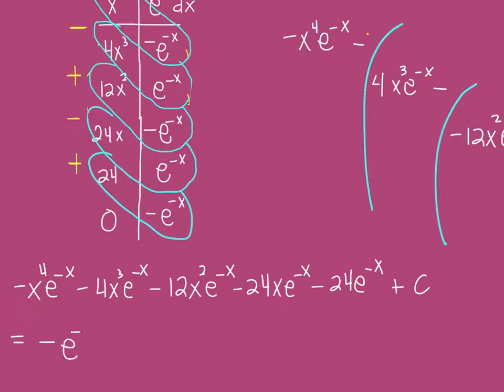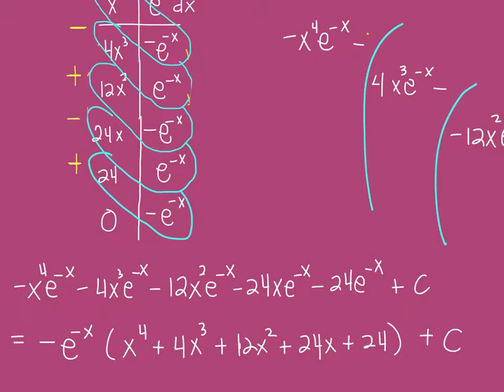So if you take out negative e to the negative x, that will leave you with the polynomial x to the 4th minus 4x to the 3rd, plus 12x squared plus 24x plus 24, end your parentheses, and then plus c at the very end.